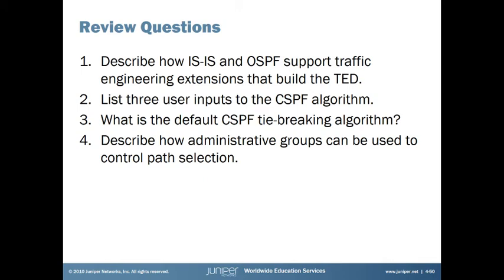Okay, there's 3 user inputs to the CSPF algorithm. So what types of constraints can you give it? Just name one. What's a constraint? I need this. What can we tell it? I need a certain amount of bandwidth. That would be a constraint.